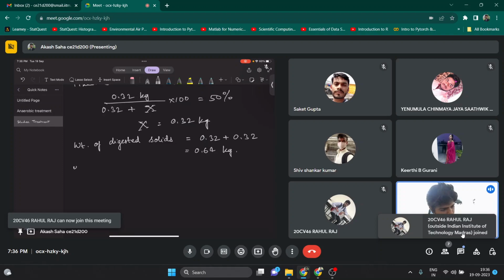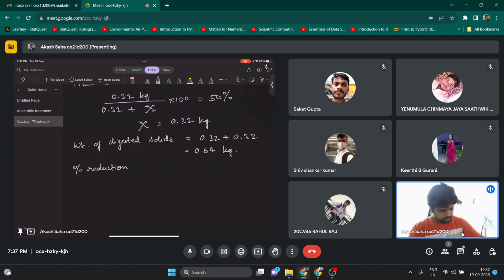Okay, so my percentage reduction in total solids will be 1 minus the weight of the solids after digestion.